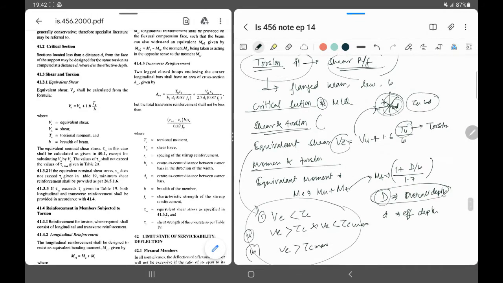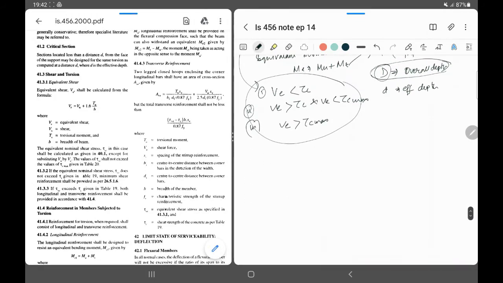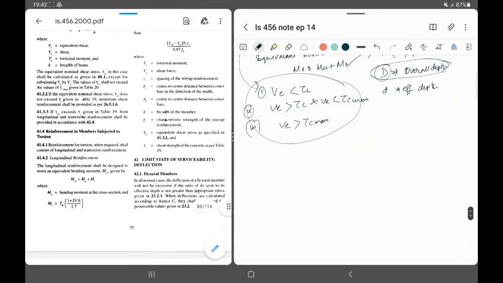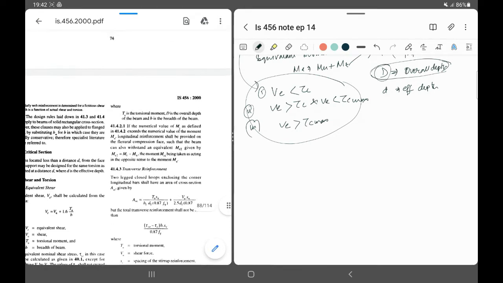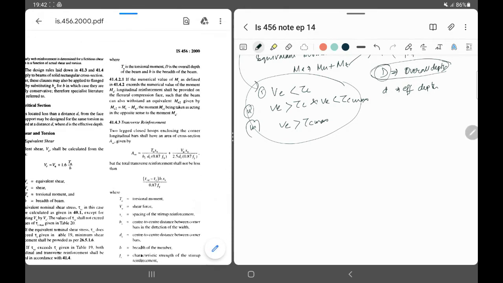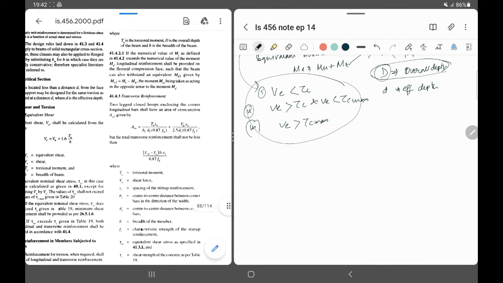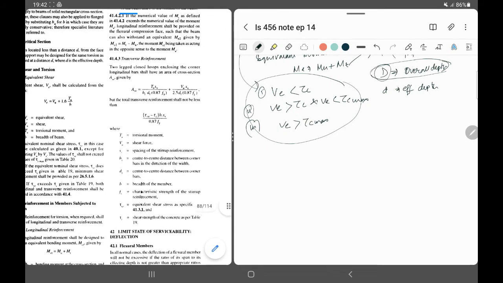Same for longitudinal reinforcement: we have to find out M, then 100 AST by BD, and then that reinforcement will also be calculated. Okay. This is the formula of transverse reinforcement. Just go through it. I have never seen it coming anywhere.